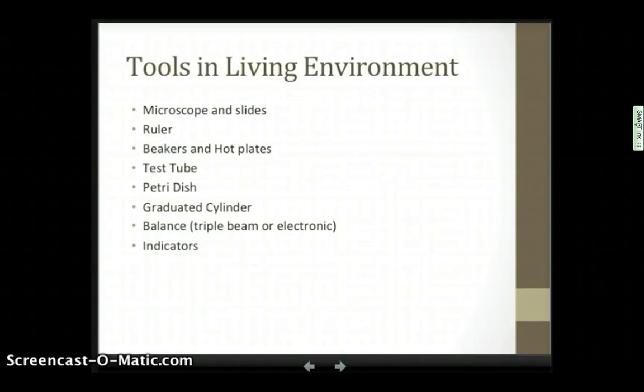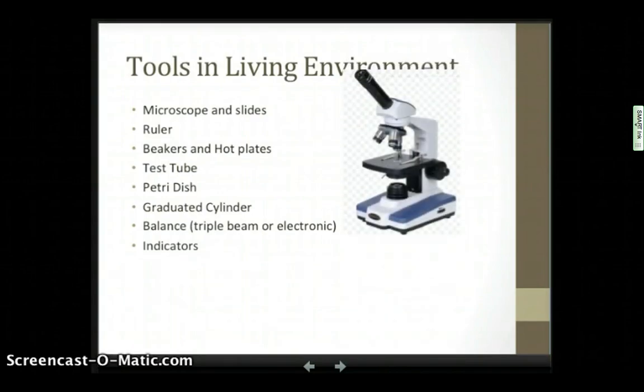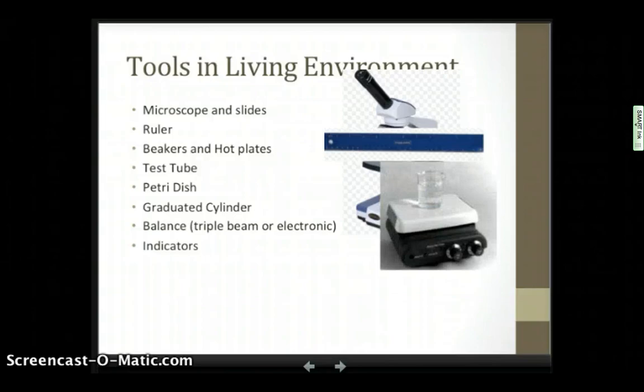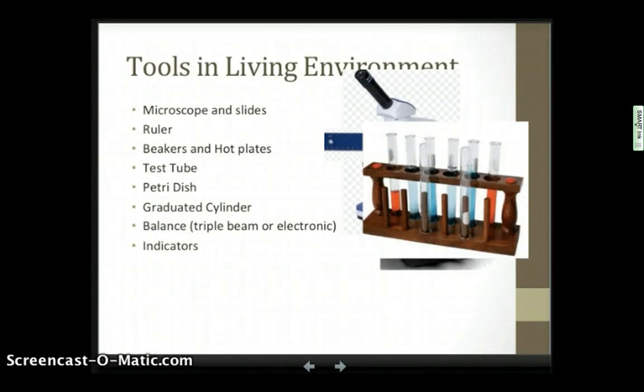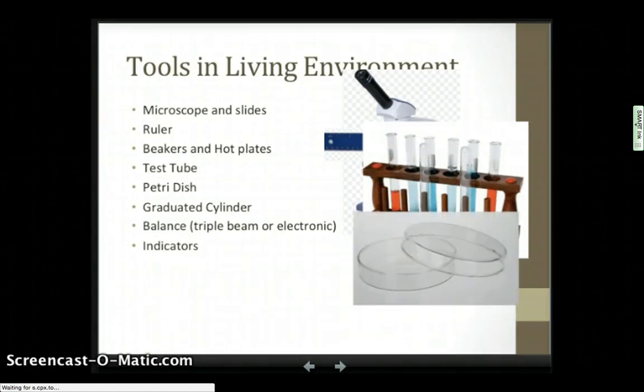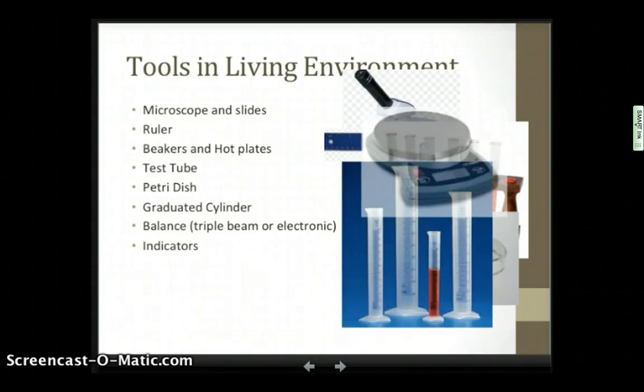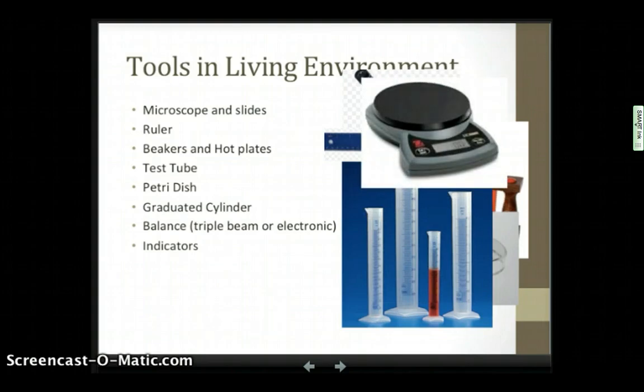Some of the common tools we use are microscopes and slides, rulers to measure length, beakers and hot plates to heat up different liquids, test tubes to conduct our experiments, as well as petri dishes to conduct other experiments, typically bacterial growth in petri dishes, graduated cylinders to measure the volume of a liquid, balances to measure the mass, and indicators to test for specific substances.